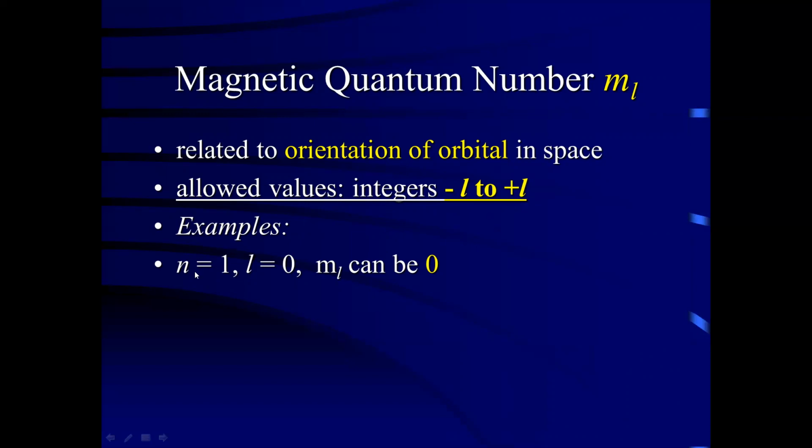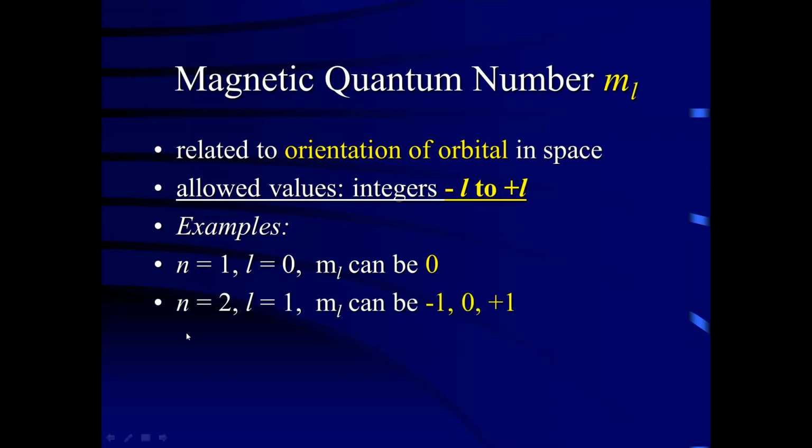For example, when the principal quantum number n is equal to 1, since L only can be from 0 to n-1, that means L only can be 0. Here n-1, 1 minus 1, is 0. So it's the only possibility. In this case, m_L also only can be 0 because m_L is limited by L and cannot be larger than L. So if L is 0, of course m_L is also 0.